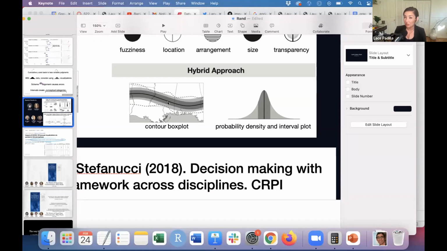When you're layering this information, generally people add on a mean to a distribution, or they make the edges of the distribution more transparent. I think all of those are really good, but if you can avoid giving someone the mean line, so they don't just focus on that and ignore everything else, I think that would be a really smart approach. But certainly adding some transparency to these would be really great.